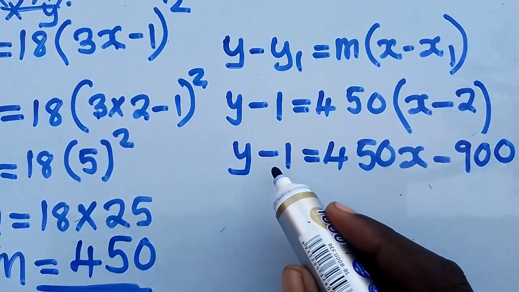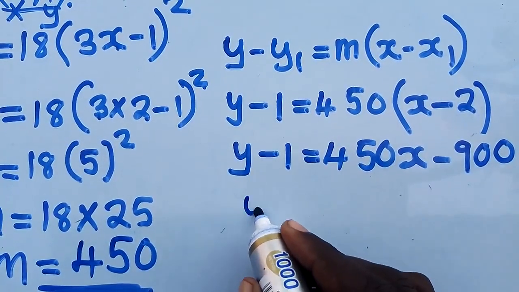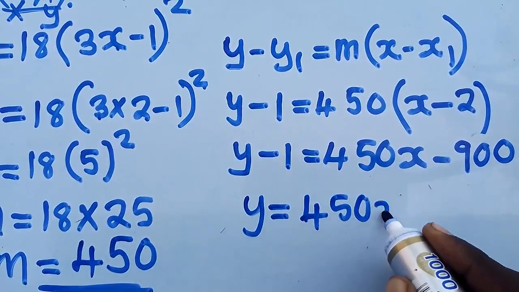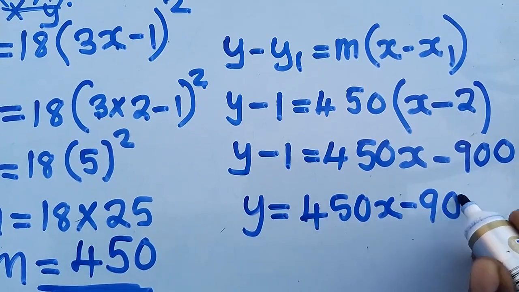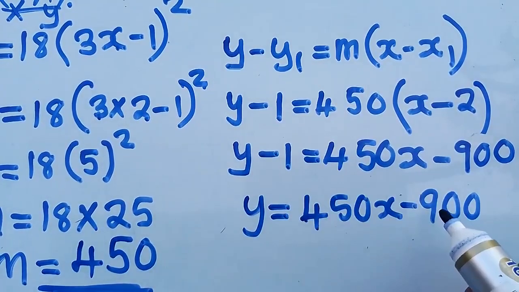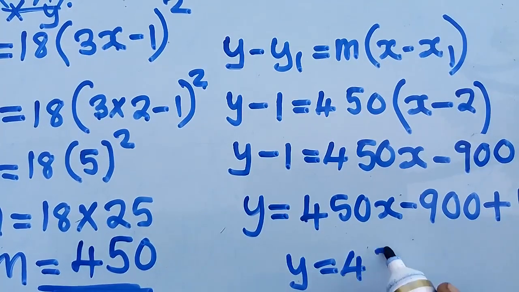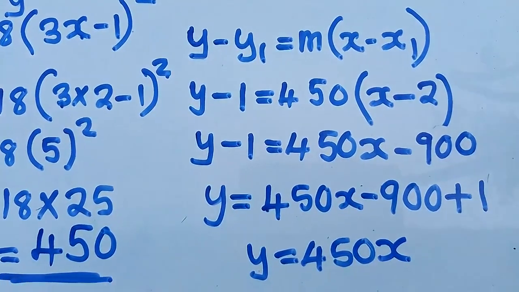Then this one goes to the other side, so that y is equal to 450x minus 900. When this one comes to the other side, the sign will change to plus 1. Have you seen? This is equal to 450x, then what will be the answer there?